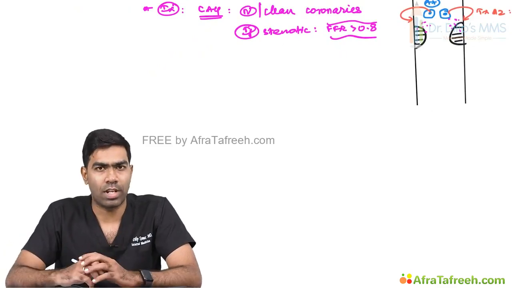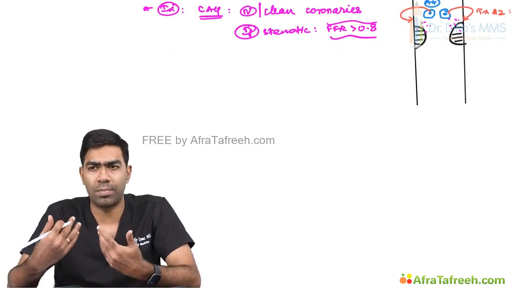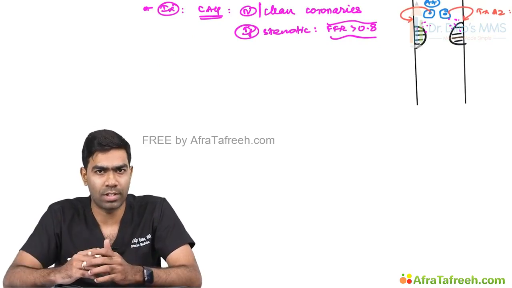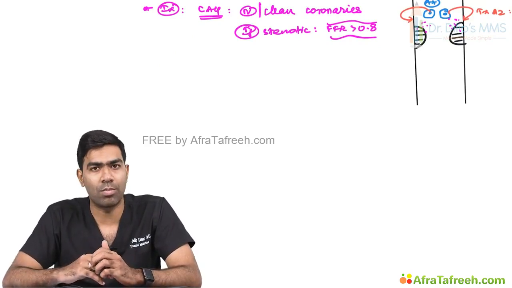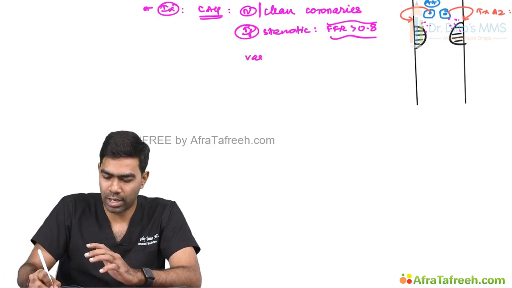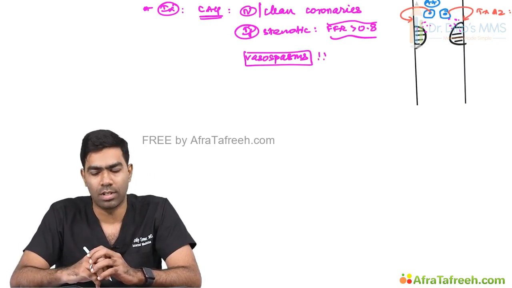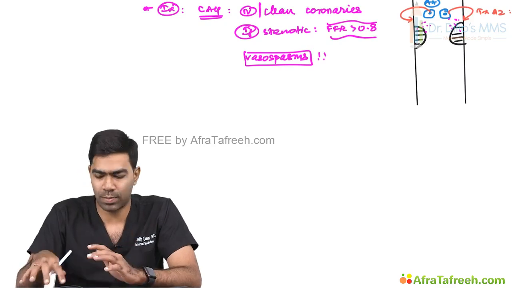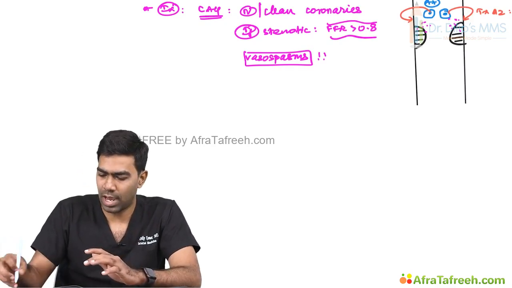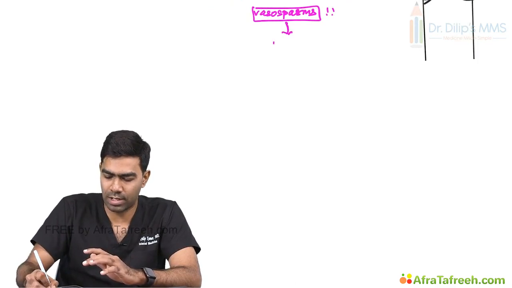Apart from the coronary angiographic depiction of non-hemodynamically significant stenosis, it's also important to note that sometimes you can see the actual vasospasms in the coronary circulation. And if you want to depict those vasospasms, you have certain provocation tests.